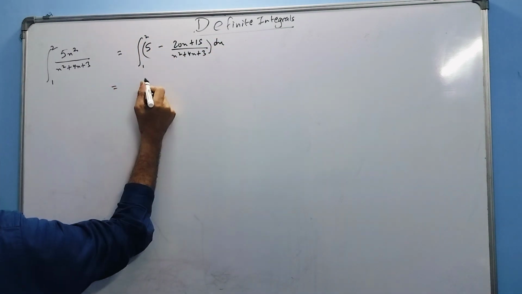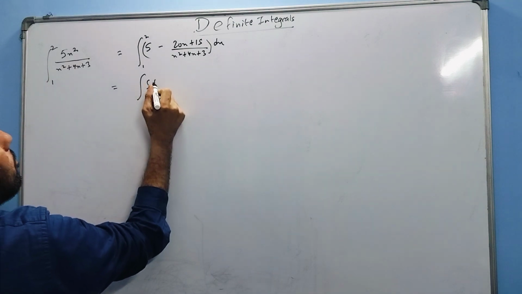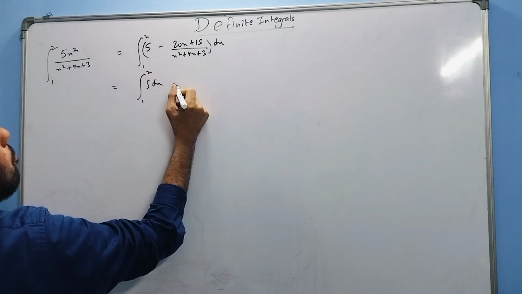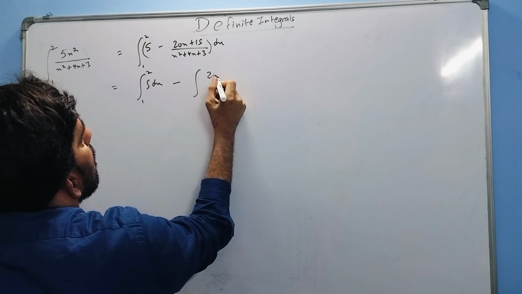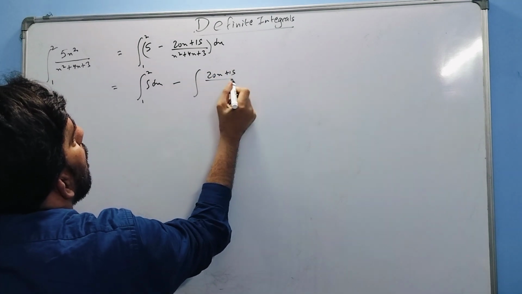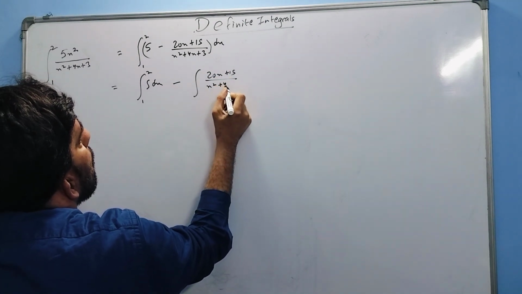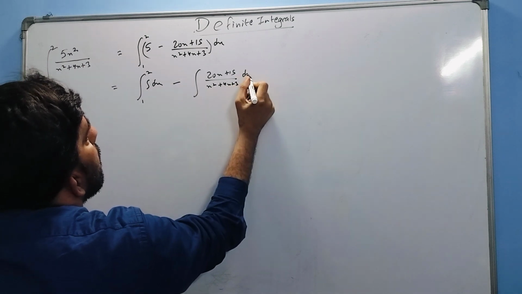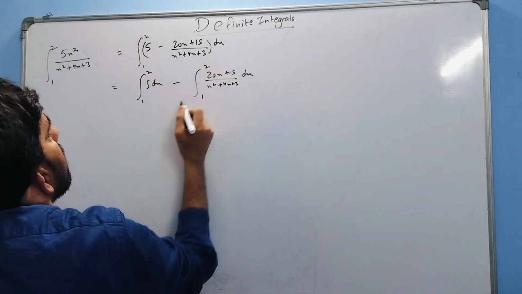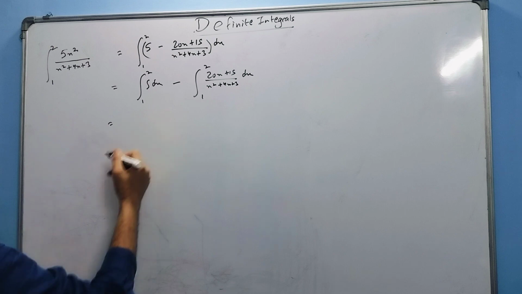Now we can separate them: 5 dx, with limits 1 and 2, minus (20x + 15) upon x² + 4x + 3 dx. Now we need to integrate them separately.